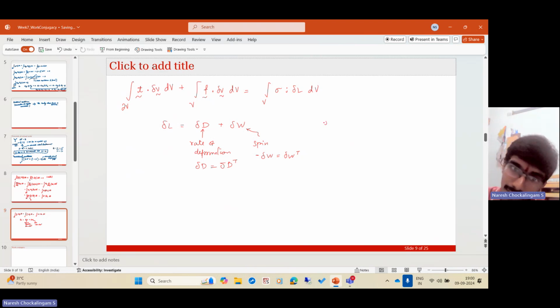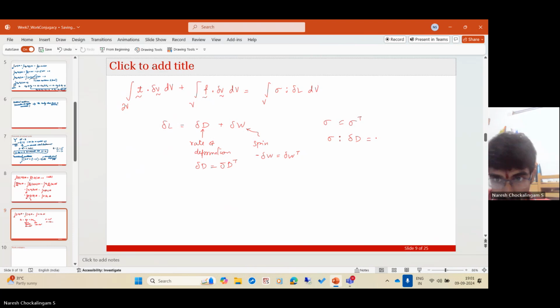But σ is symmetric. Therefore, σ double dot δL is nothing but σ double dot δD plus σ double dot δW.